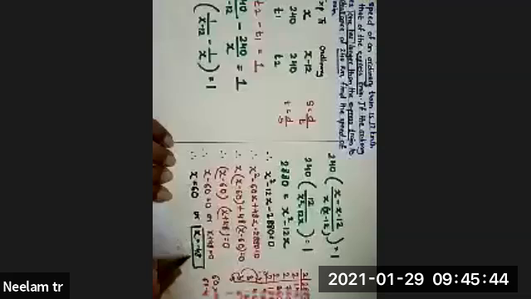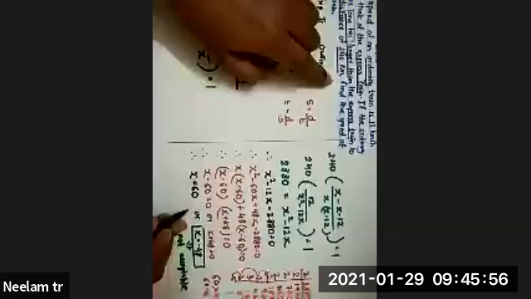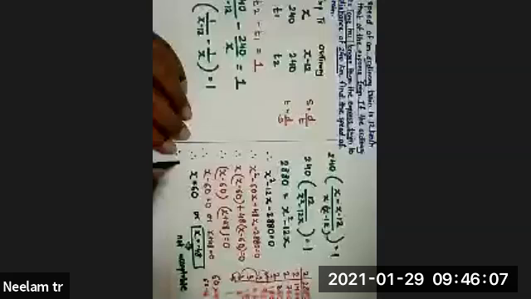Minus 48 is not acceptable because the speed will never be negative. It is not acceptable. So the final speed of the express train will be 60 km per hour. Okay? The final speed of the express train is 60 km per hour.